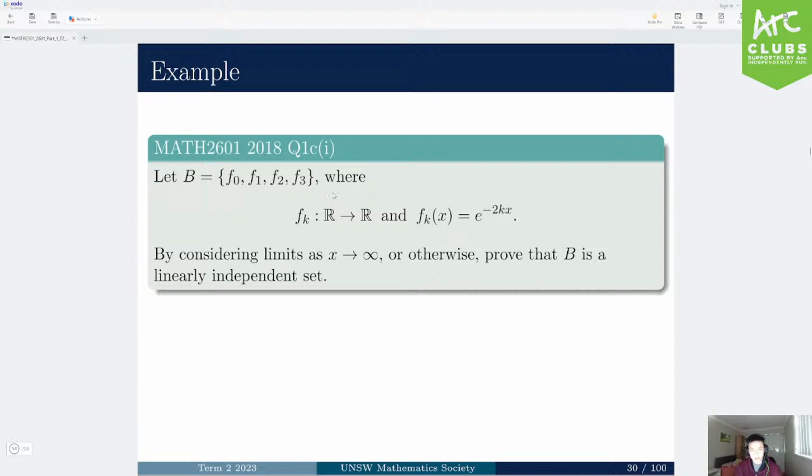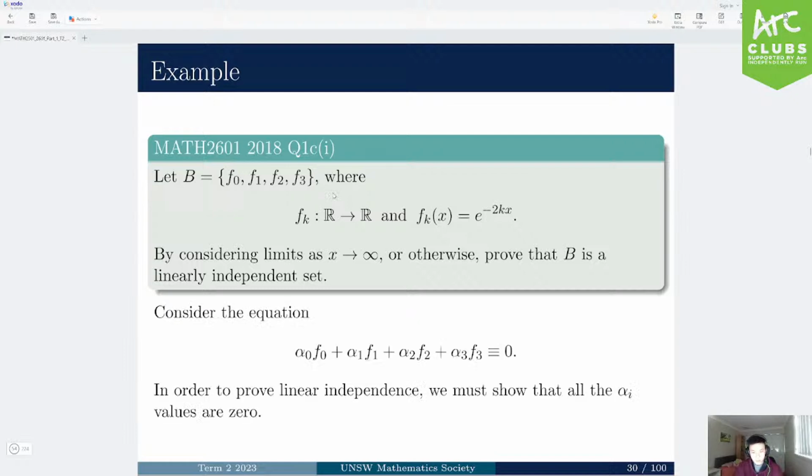Notice that I've used the triple equal sign to emphasize that this function has to be 0 for all values of x.